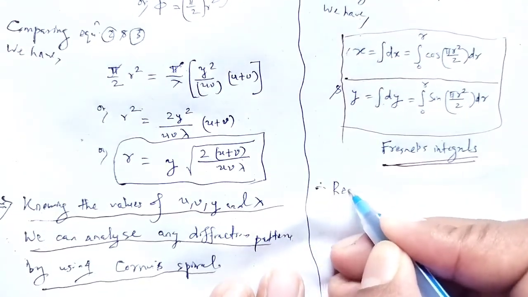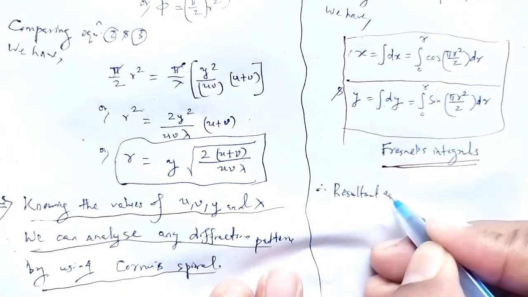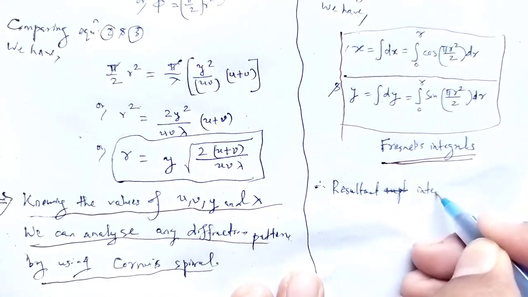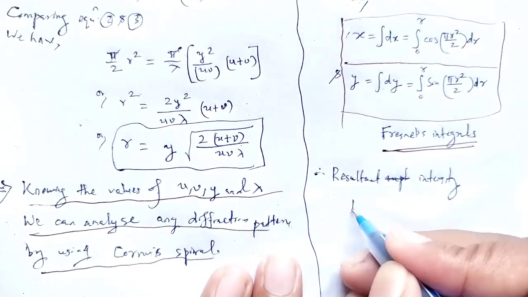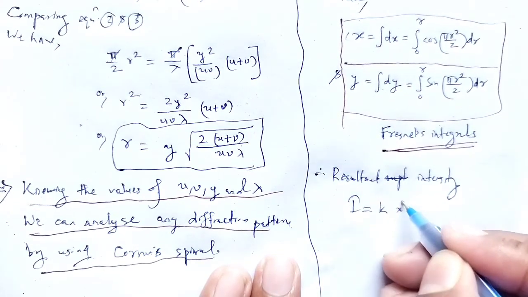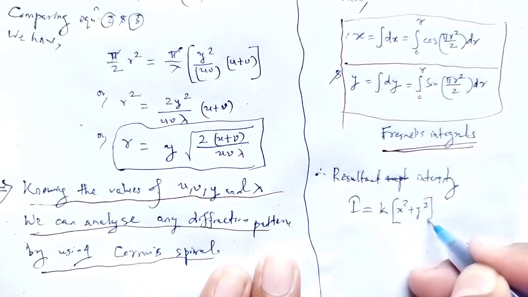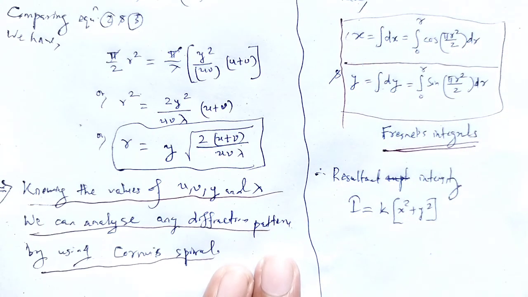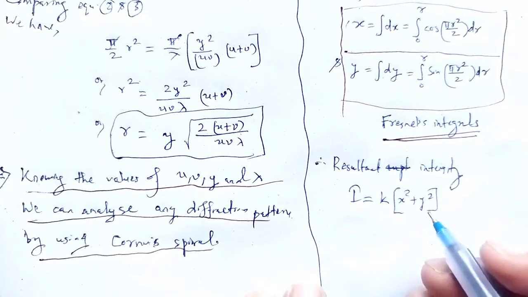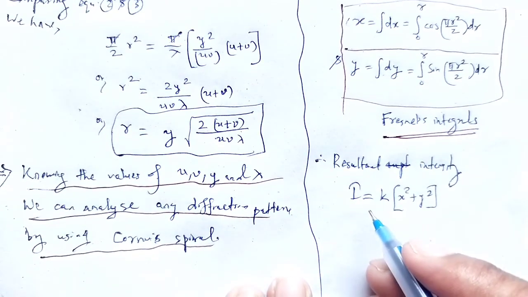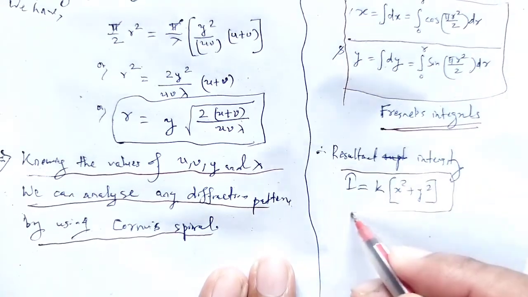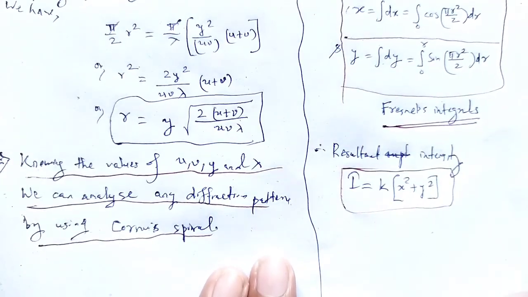Therefore, the resultant intensity I is equal to k (x square plus y square). x and y are the x component and y component of the resultant amplitude, and k is the proportionality constant. Therefore, the resultant intensity can be calculated by using that formula.